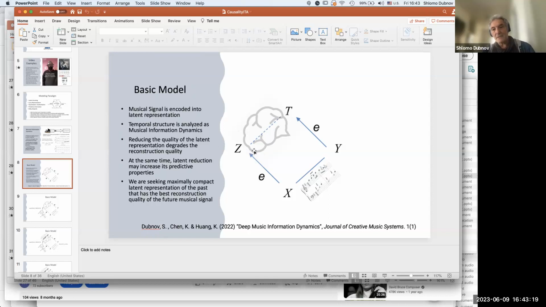And then you have a sequence of these representations as they go over time. And you want to have both the ability to predict in a lossy way the continuation of music, maybe predict the next chord, maybe the next phrase, maybe you anticipate when the chorus ends and the verse begins, or so on.